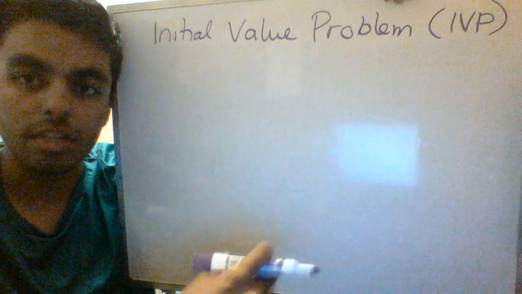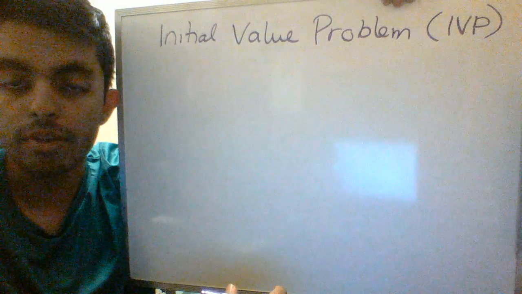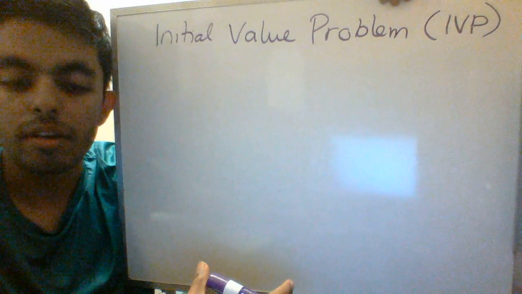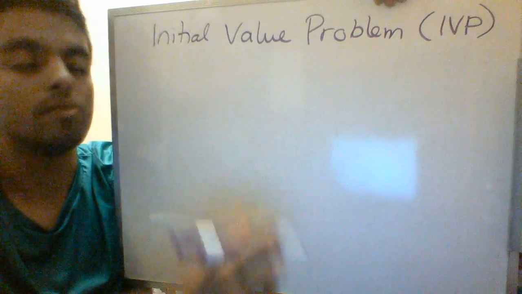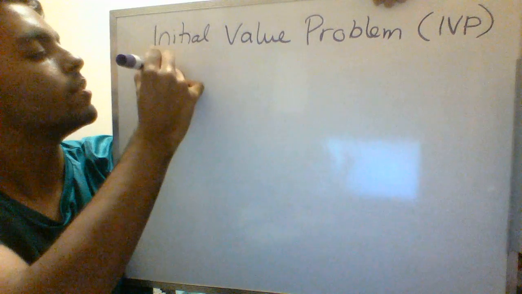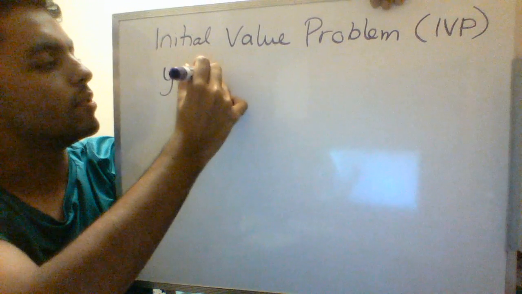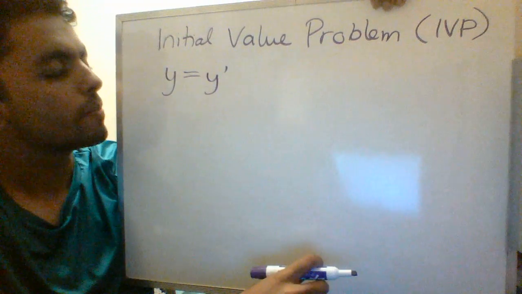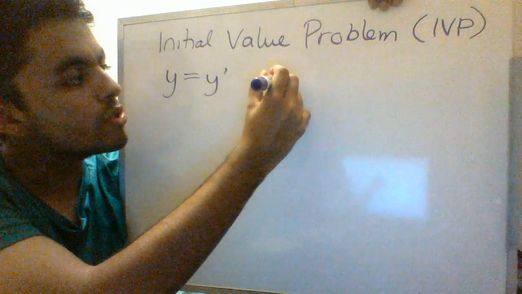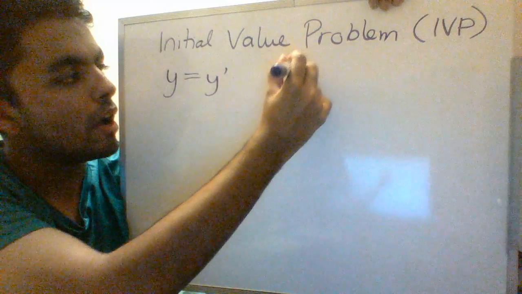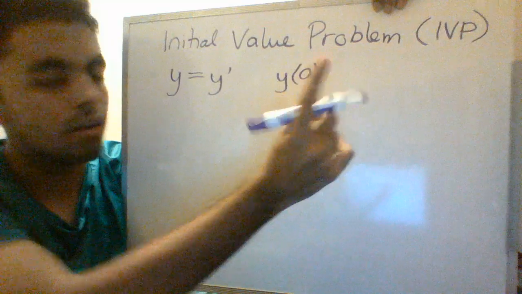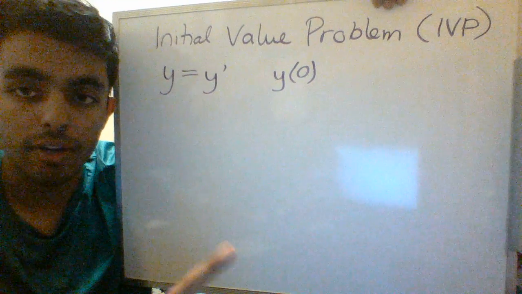And so what we're going to do to introduce it is we're going to do the exact same example as before, except I'm going to make it an initial value problem. And so that means that you're given y equals y prime, but I'm also going to tell you that y of 0, remember y is also a function of x, right?